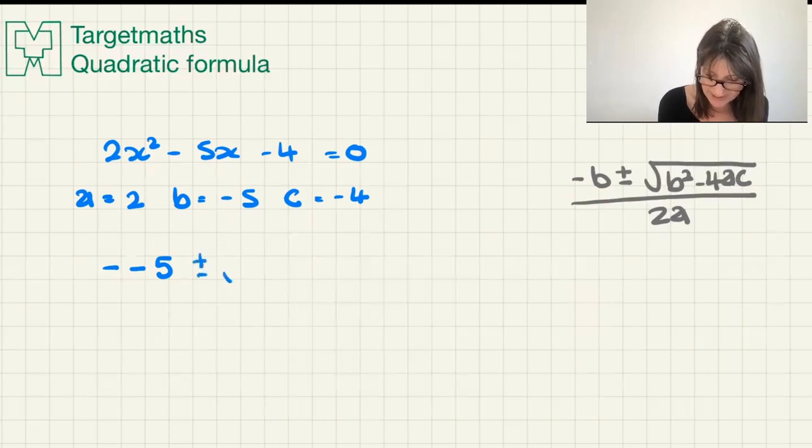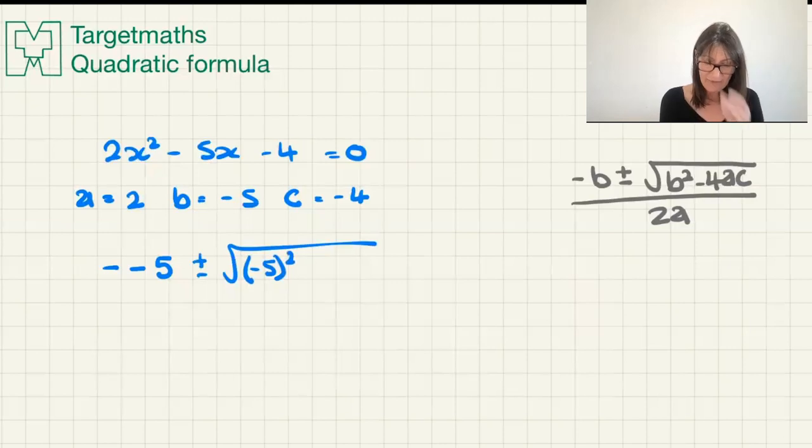Plus or minus. Now b squared, because b is negative, I need to put that into a bracket. If I didn't have that in brackets and I just put -5 squared into my calculator, it would give me -25. And we know that's not true. -5 times -5 is +25.